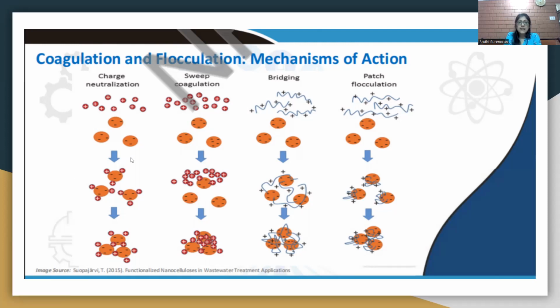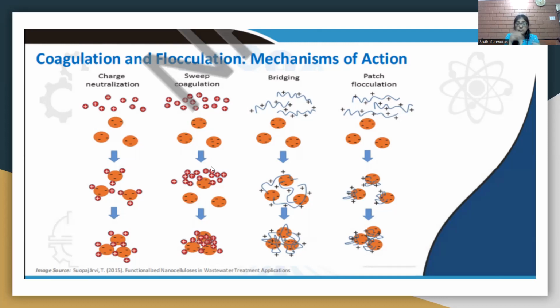So when a coagulant is added, it will first create attractive forces between the colloidal particles by neutralizing their charges. Then it will itself form precipitates that will sweep up all the colloids in the water, even if the charge is not neutralized. If charge neutralization has not occurred in the colloid particles, they will still catch all these colloids present in the water and trap them while it moves down the water.